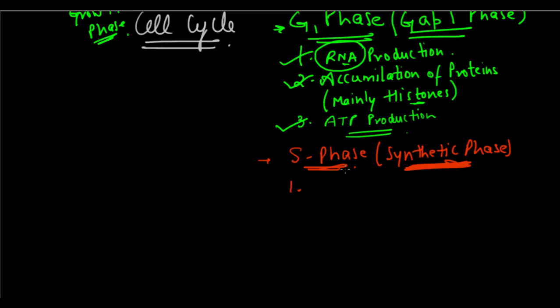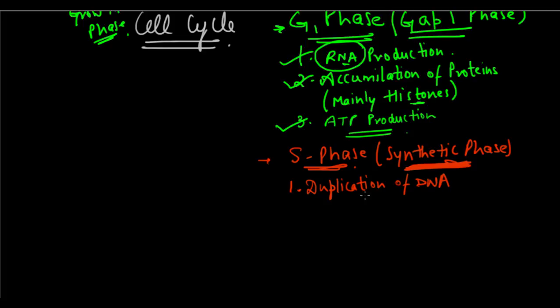The first thing which is done here is the duplication of DNA. That is duplication of deoxyribonucleic acid, which is the genetic material of the cell.